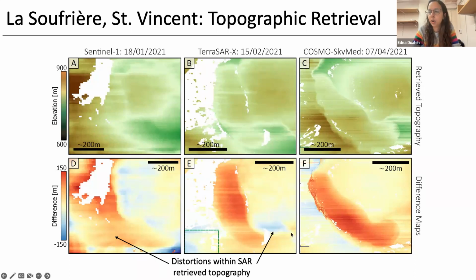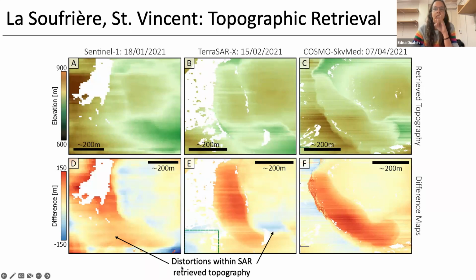We do have areas where there are differences between the retrieved topography from the SAR data and the pre-eruptive DEM. You can see this a lot more in the Sentinel, which is a lower resolution satellite.